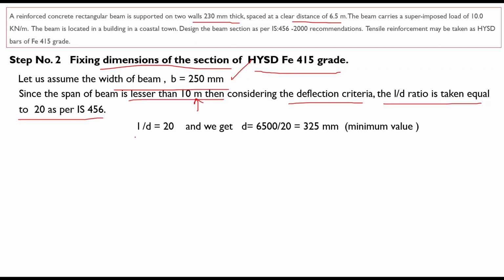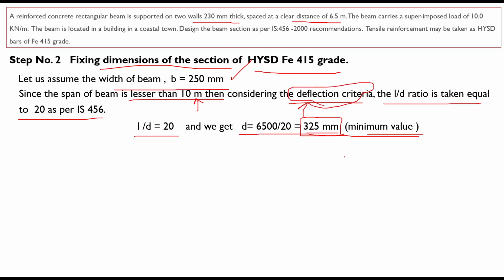So when we take L by D equal to 20, we can assume that D of 325 mm will be the minimum value. So the minimum effective depth required is 325 mm. It is based on the deflection criteria.